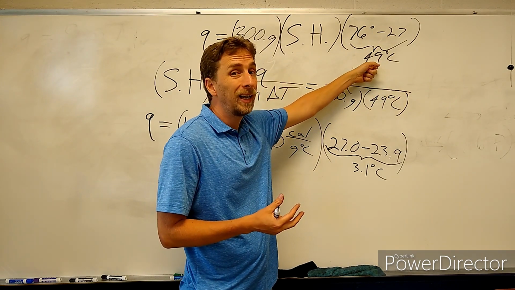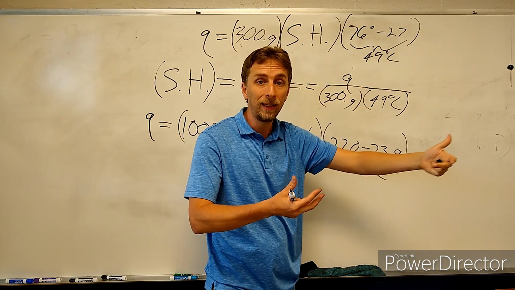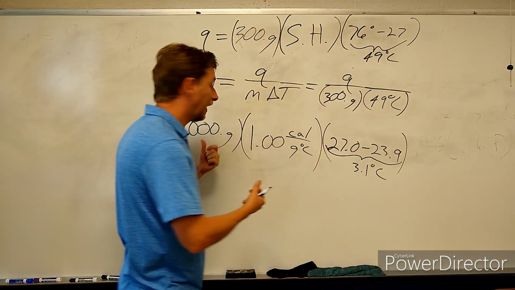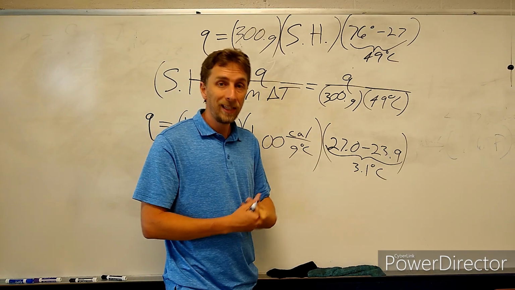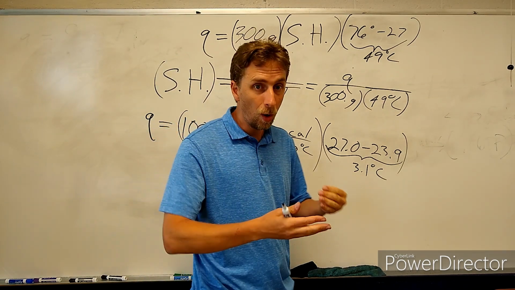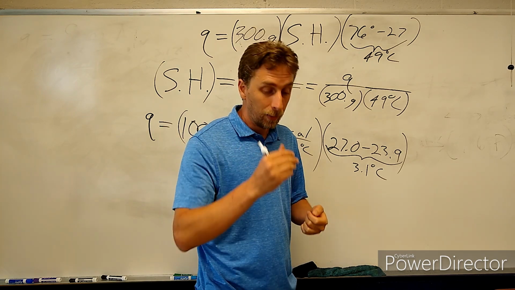It goes through a 49 degree temperature change, a lot bigger temperature change to give off the same amount of heat as opposed to 1,000 grams of water. It only goes through a 3.1 degree temperature change to receive all that heat. So water is high heat capacity compared to glass, which is a much lower heat capacity.